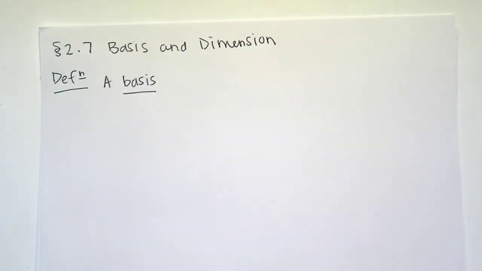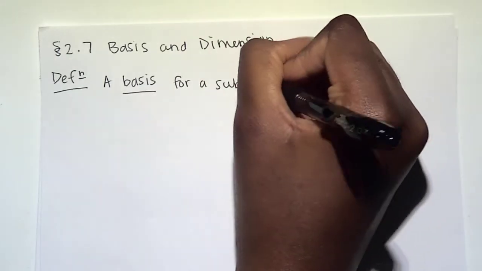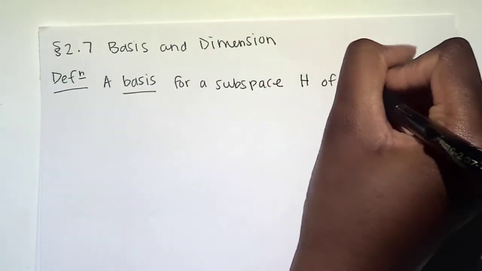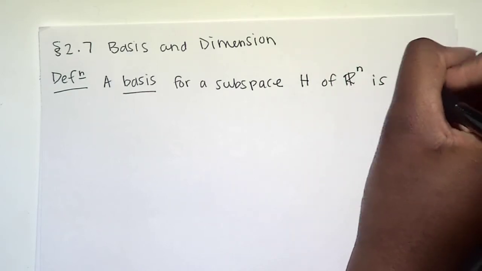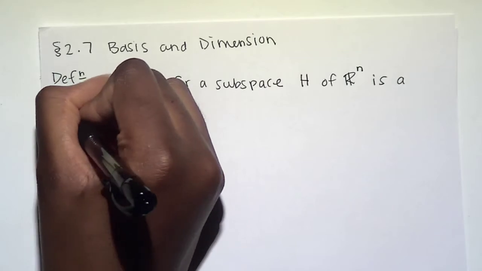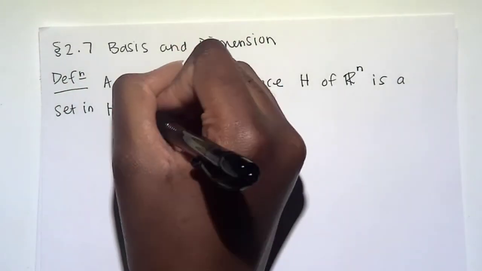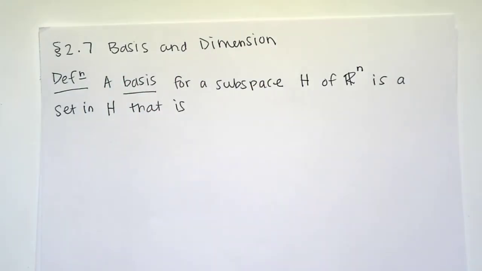A basis for a subspace H of Rn is a set in H that is both of the following.